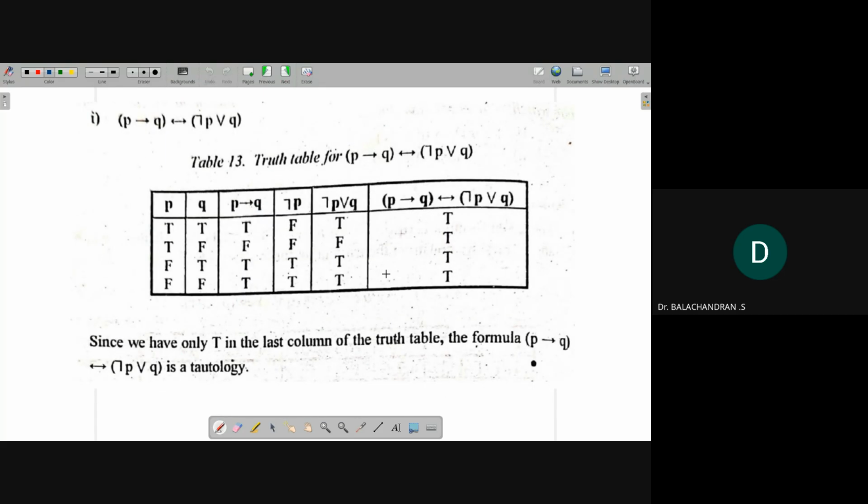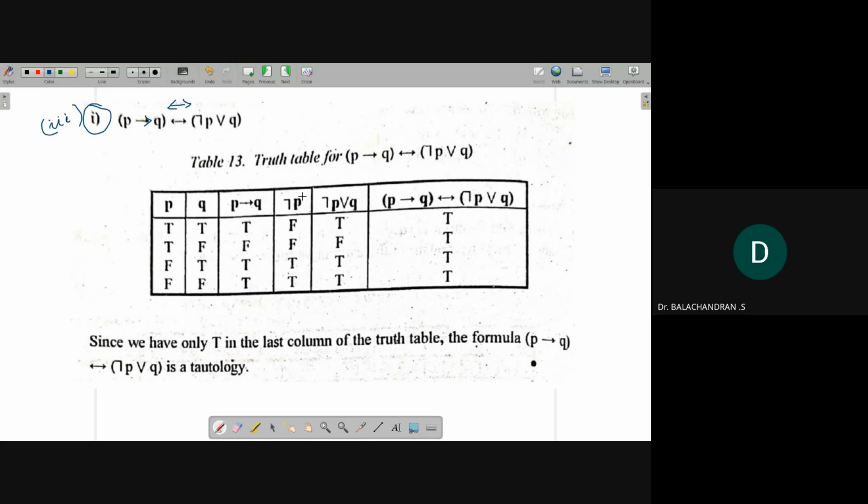So this is the third subdivision. P implies Q, this is actually biconditional with negation P or Q. So from this I need P, Q, and then P implies Q I need.